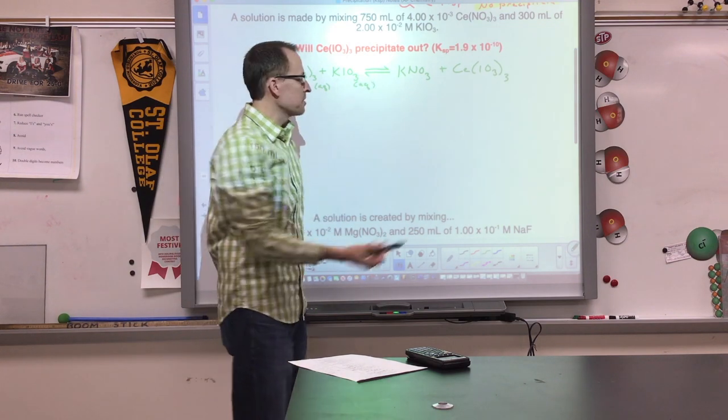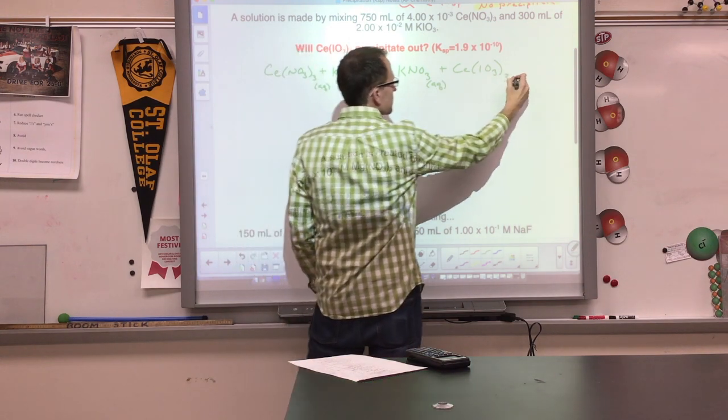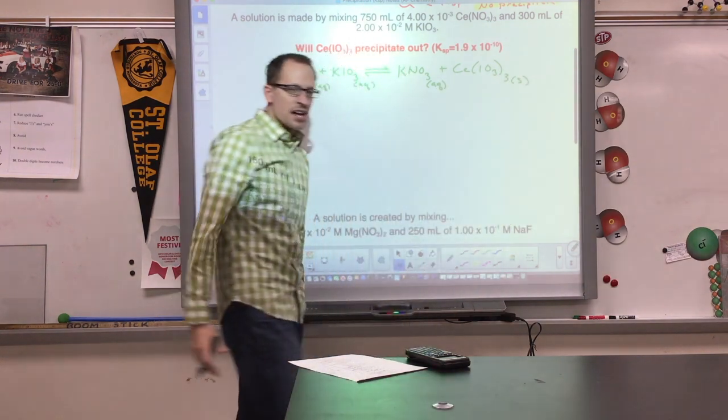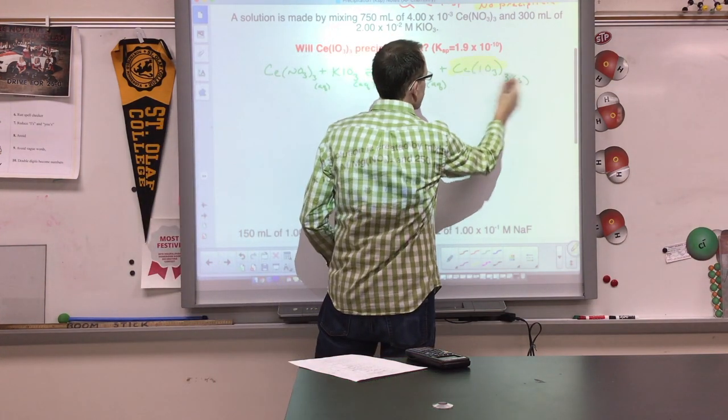Based on our solubility rules, potassium nitrate is extremely soluble. The question is: is the other a solid, and how much of it? So that's the one I want to focus on.